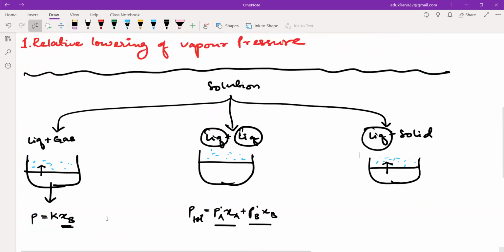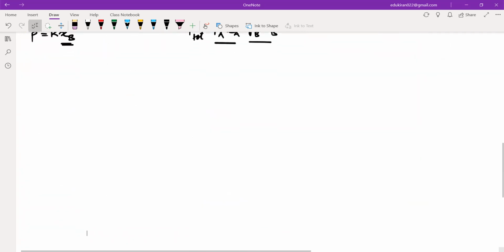Okay, you have written relative lowering of vapor pressure. Write the definitions and all, and after that, we will derive further relationship.